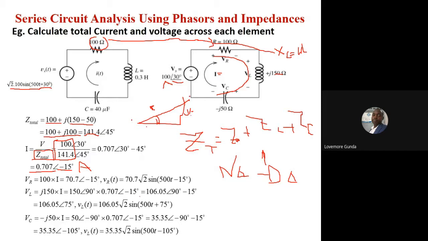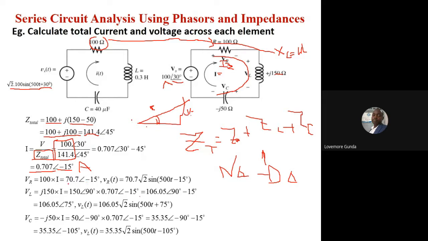Then the voltage drop across each component, just like in our normal Ohm's law, it is still equal to I times Z, right? The current times the impedance of that component. So across R, it will be 100 times I, right?